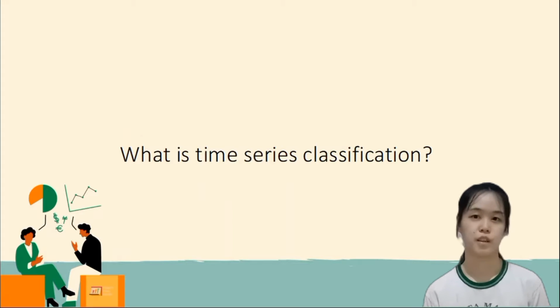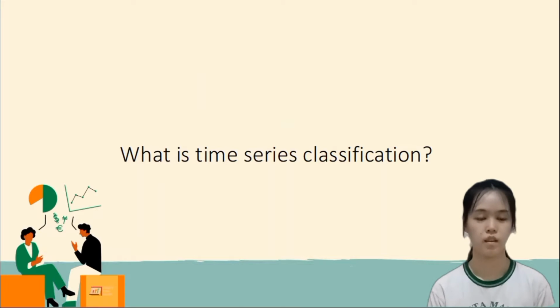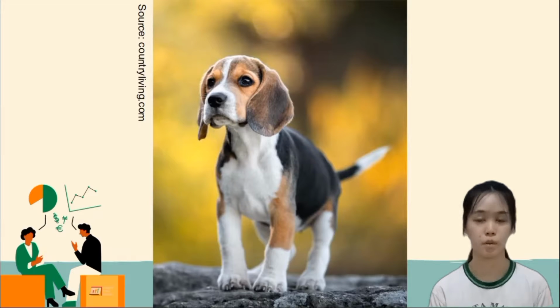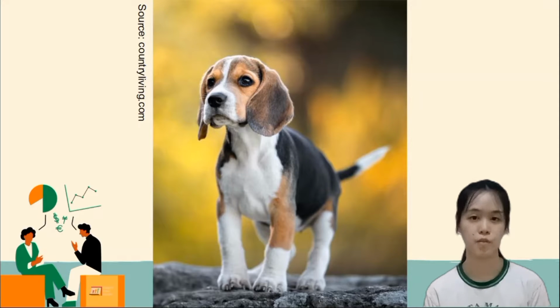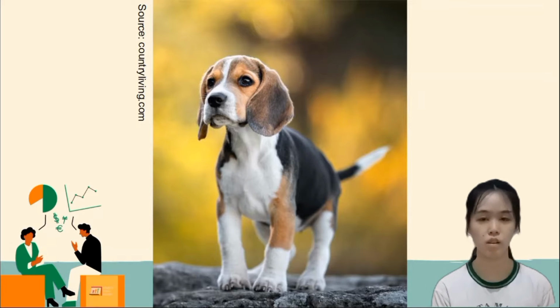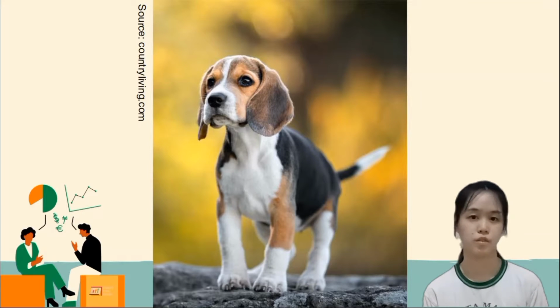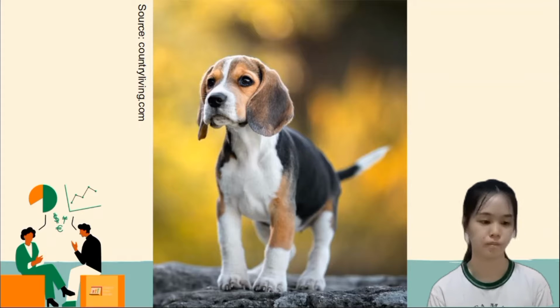So time series classification is just like any other classification problems. The only difference is the input. In image classification, the input is image. So given an image, a classifier model needs to decide whether this image is an image of a dog or of a cat or of any other labels.